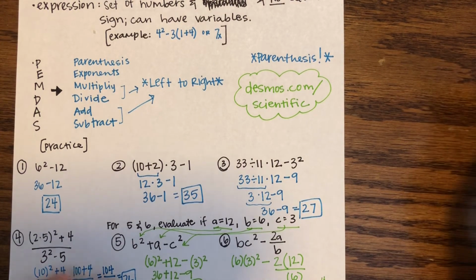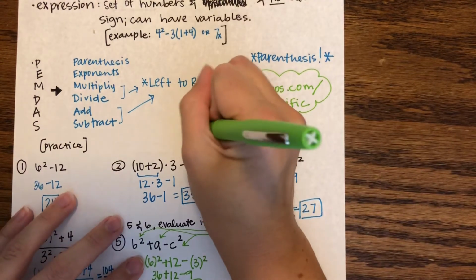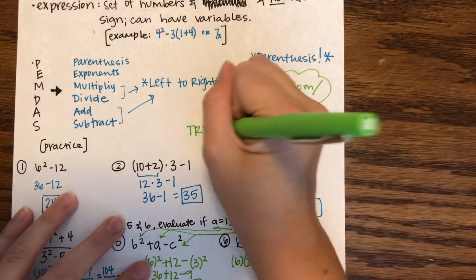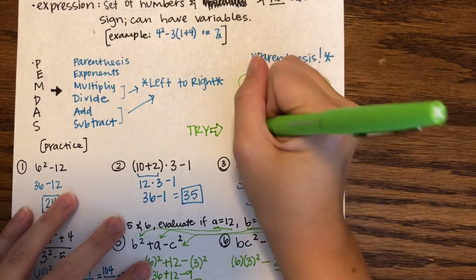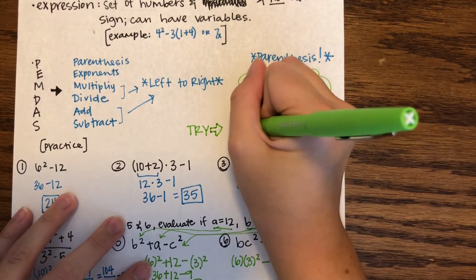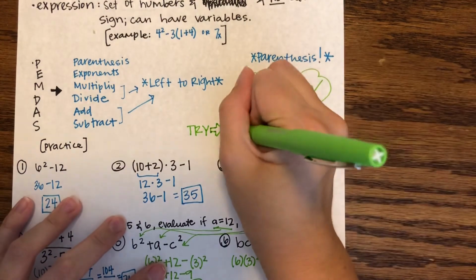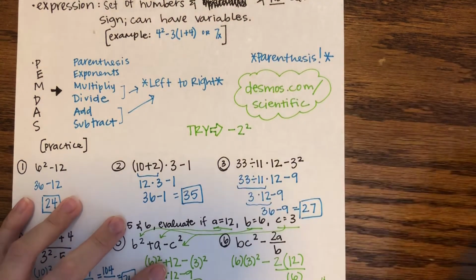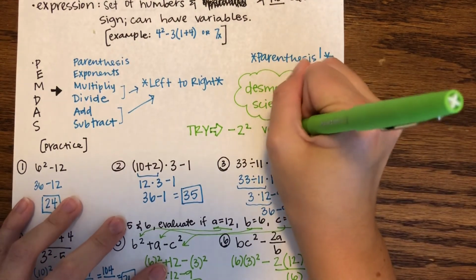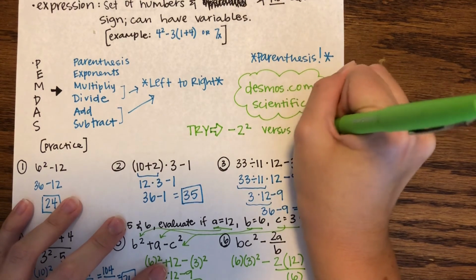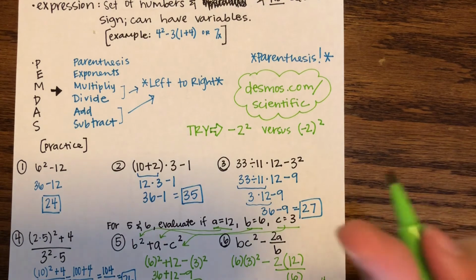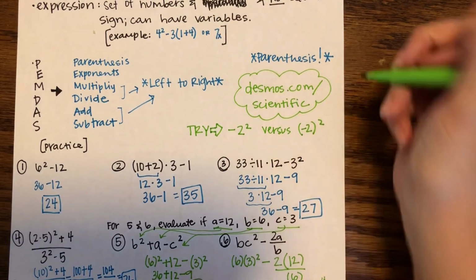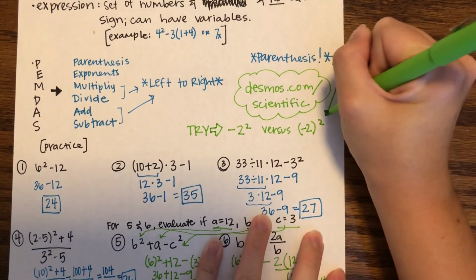Something else I think would be interesting for you guys to try: look and see what happens when you do -2 squared in the calculator versus (-2) squared. That's something pretty interesting, and that's going to go back to why parentheses are important.